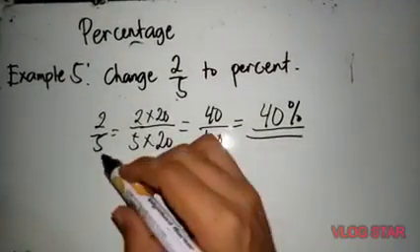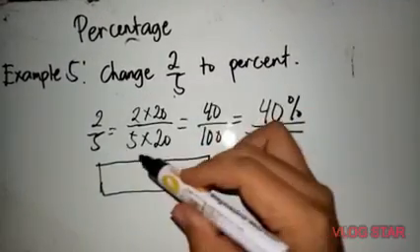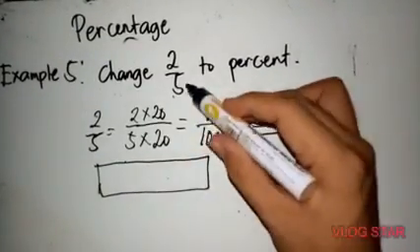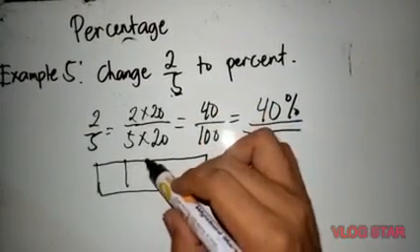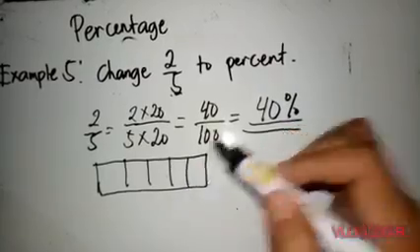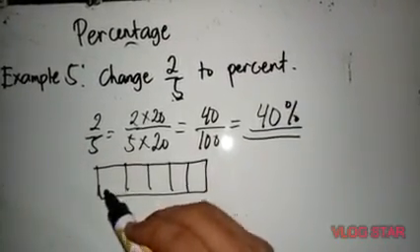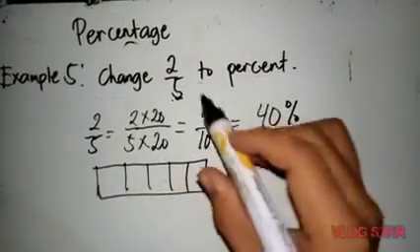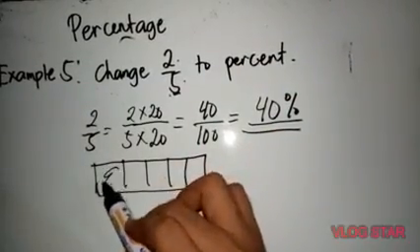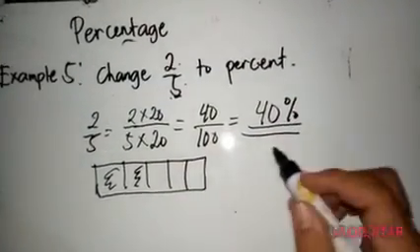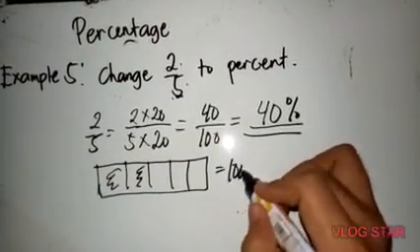Or the other way is we can draw. So this is the whole. Then let's divide it into 5, since 5 is the denominator. Then after that, just shade 2 parts, because we're just talking about 2/5, and this whole is considered as 100%.